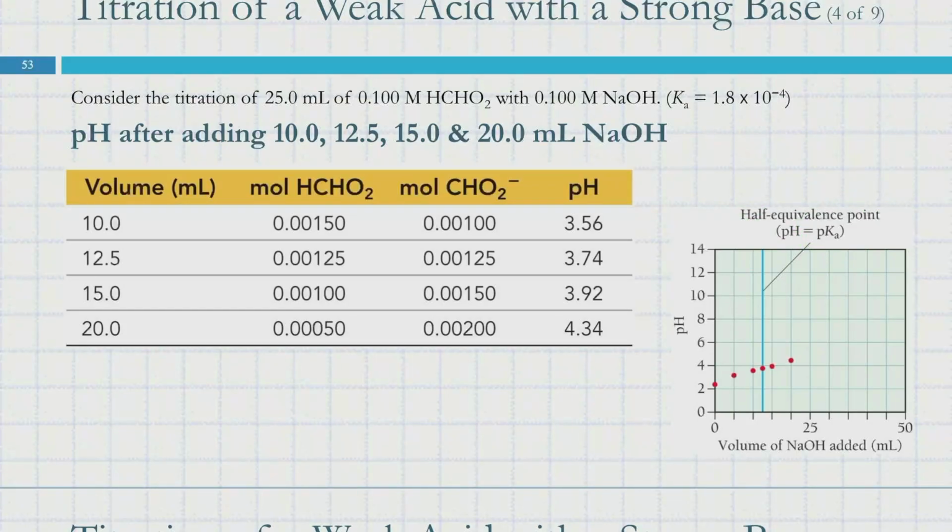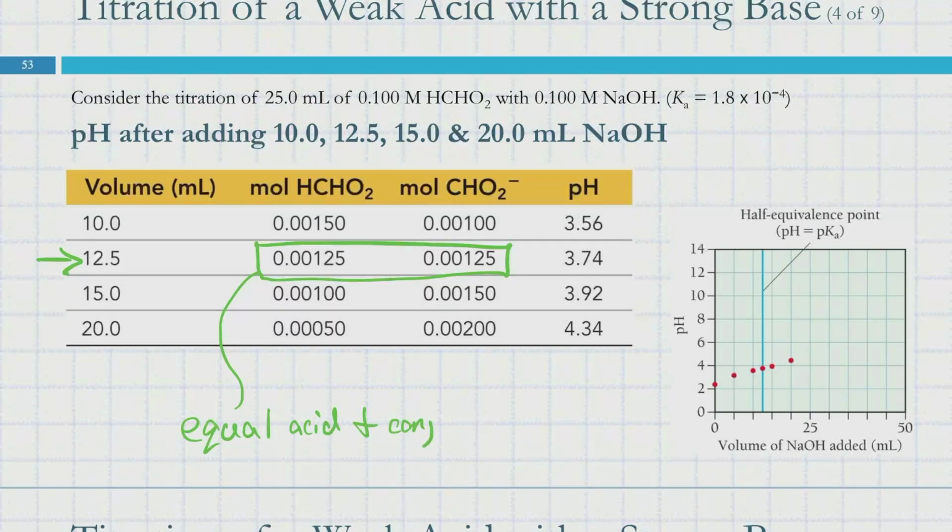So that's this 12.5 milliliters bit, where we have equal amounts of acid and base. Equal acid and conjugate base. So our pH is equal to our pKa.